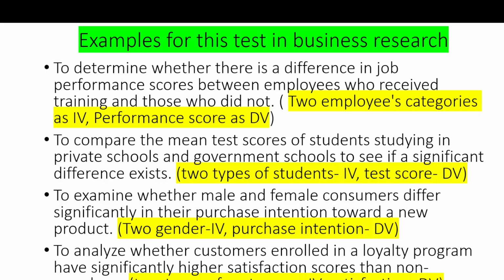Again, these two types of customers are considered as an independent variable and satisfaction is considered as a dependent variable. So in all these examples, two distinct groups of populations are there that are considered as an independent variable, and the dependent variable is your measured or your variable of interest.